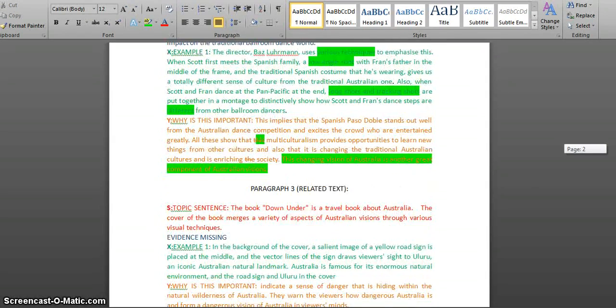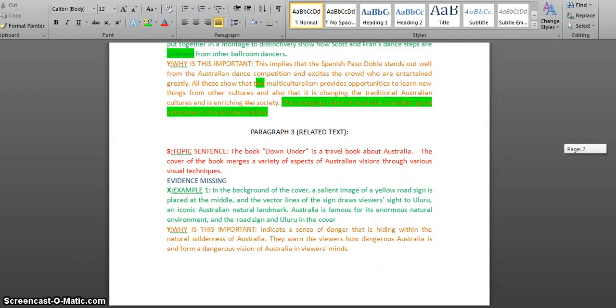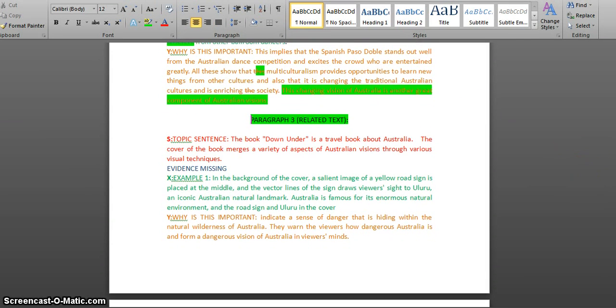Okay. Now, paragraph 3. So the last paragraph, he actually talks about the related text, and that was the book cover. Topic sentence. The book Down Under is a travel book about Australia. The cover of the book merges a variety of aspects of Australian visions through various visual techniques.